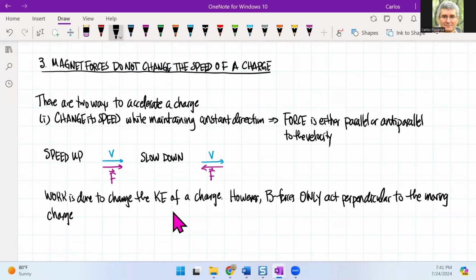So that means here that no work is done by a magnetic force. So in other words, charges cannot speed up or slow down in magnetic fields if a magnetic force is doing the work.